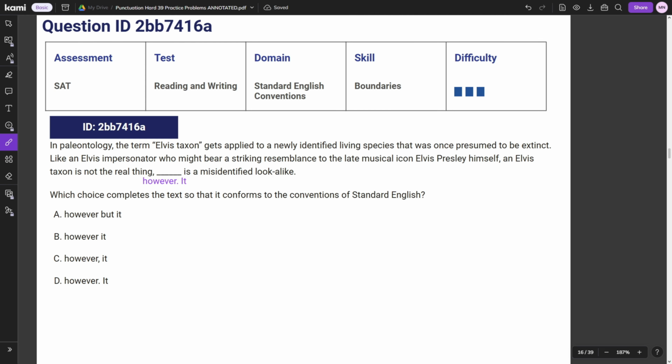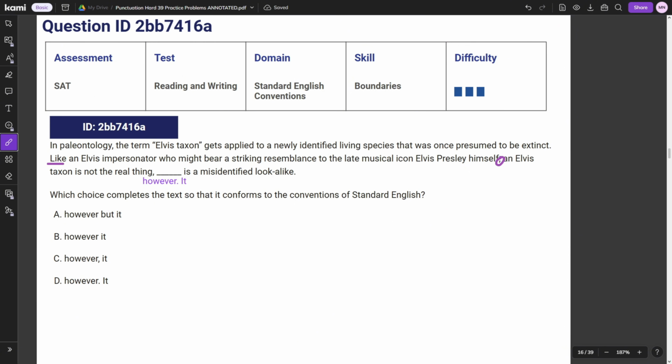I went ahead and plugged in answer choice D. Here our piece of punctuation is a period, which connects two independent clauses or two complete sentences. So we have to make sure that everything before the period is a complete sentence, has a noun and a verb, and everything after the period is a complete sentence, has a noun and a verb. So let's go ahead and start looking. Here you'll notice that at the very start of this sentence, oh, sorry, I guess it would be down here, it starts off with the word "like," and then it also has a comma.